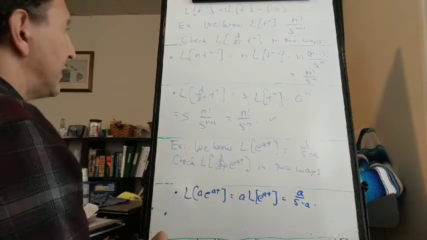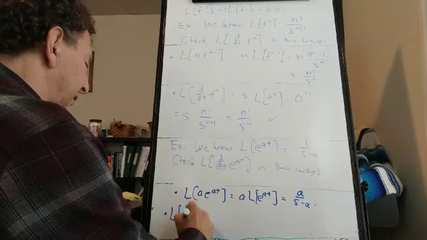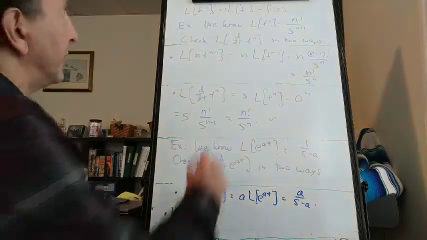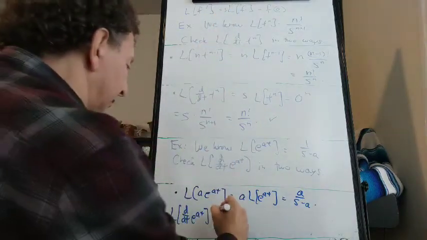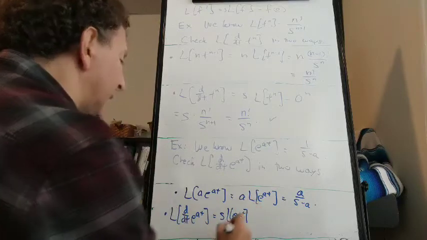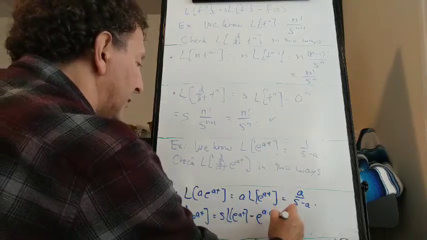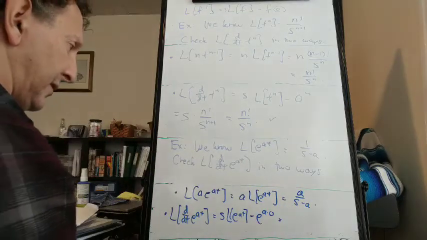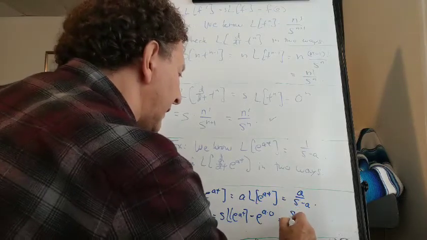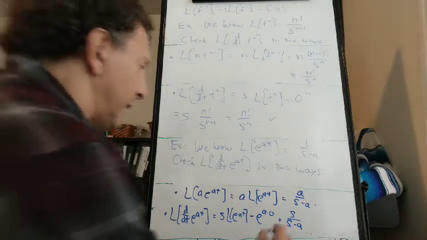And then if we use the derivative rule, L of the derivative of e to the at equals s times L of e to the at minus e to the a times 0, which is, the Laplace transform of e to the at is 1 over s minus a. s times that is s over s minus a.